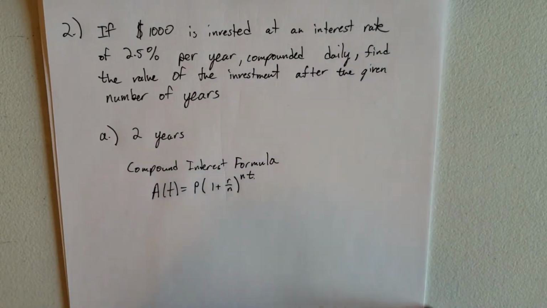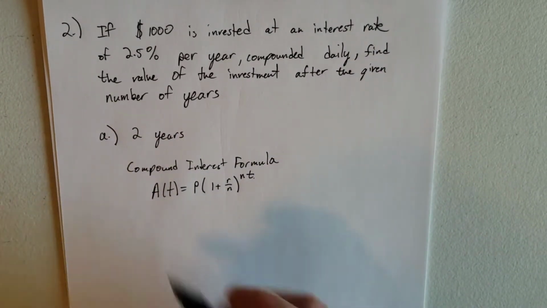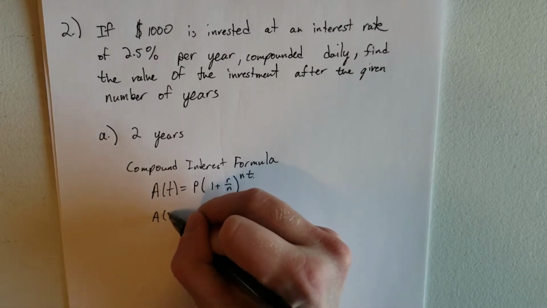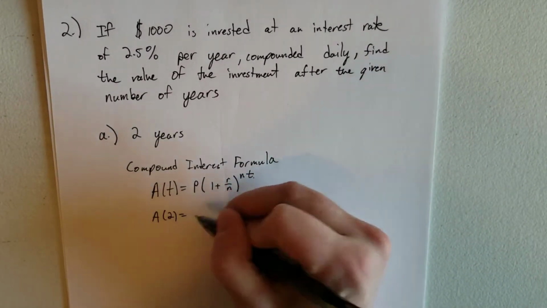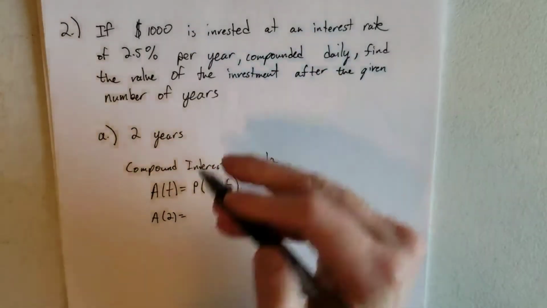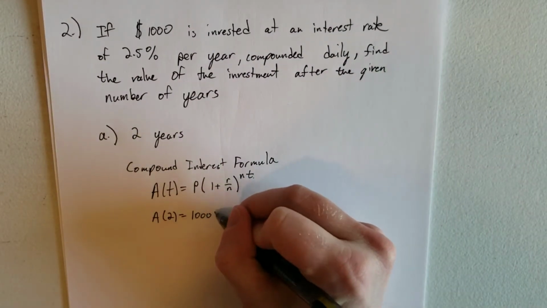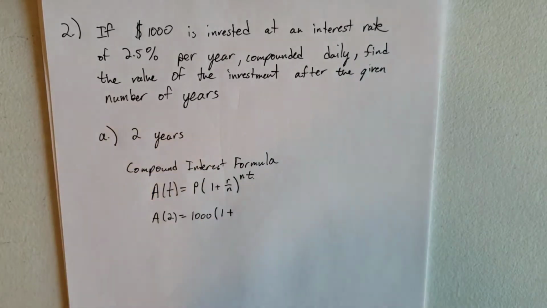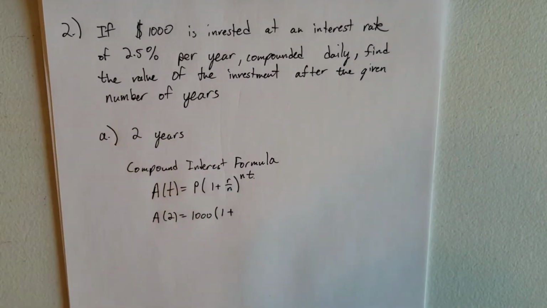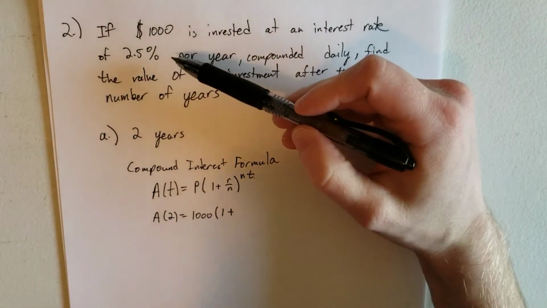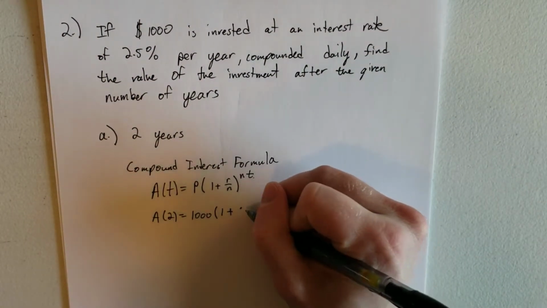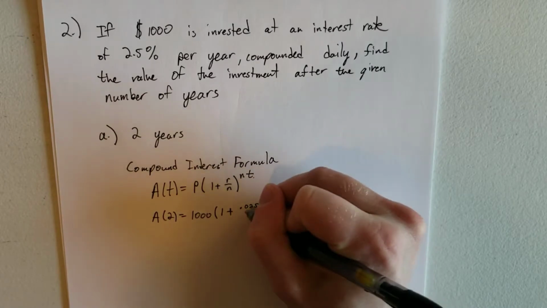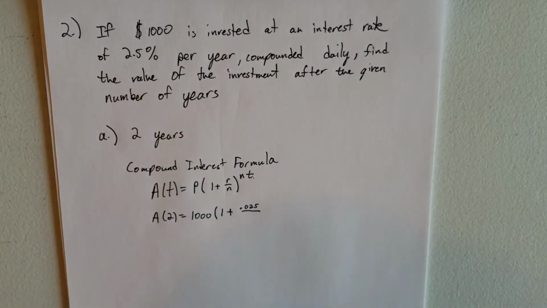Okay, so let's go ahead and plug everything in. We want to find A of 2 in this case, because that's what our question asks. This is equal to the principal amount. Well, we invested $1,000. 1 plus r is the interest rate. We were told the interest rate was 2.5%, so that would be 0.025 as a decimal.